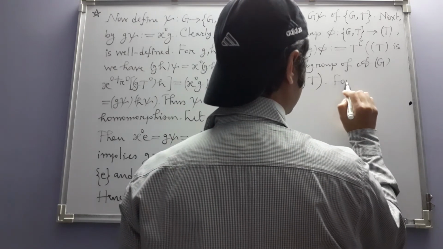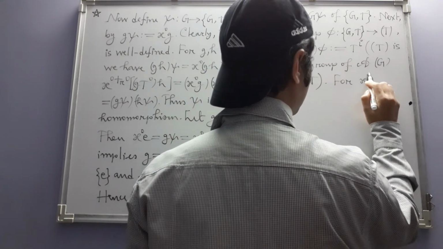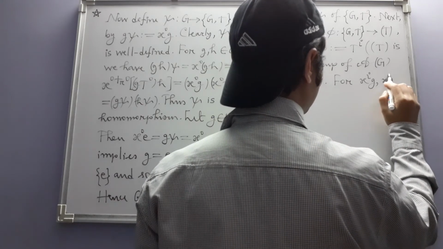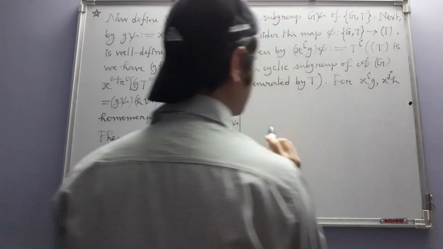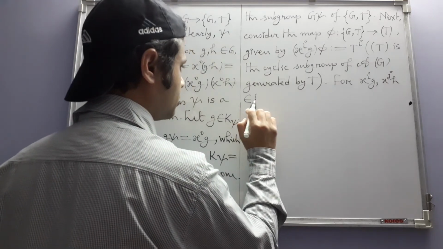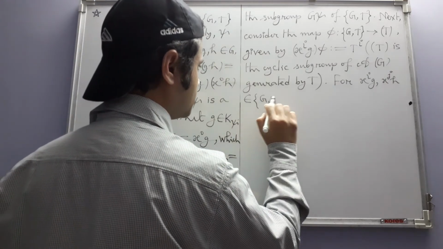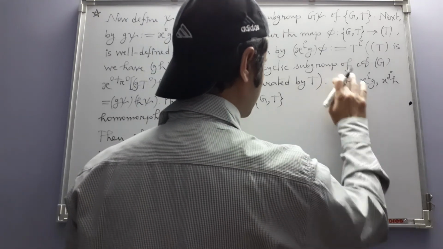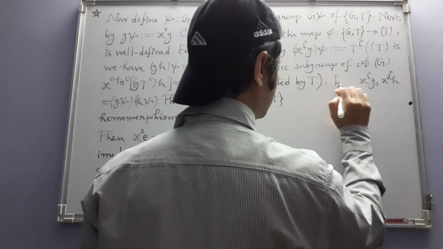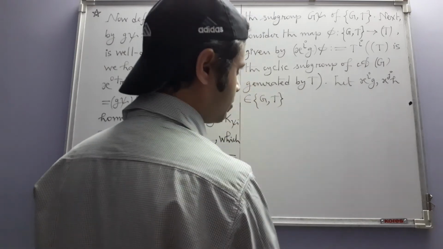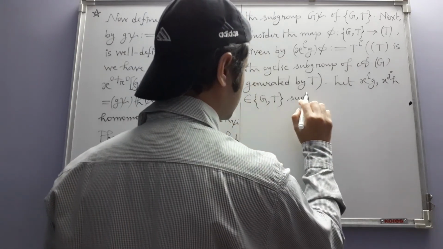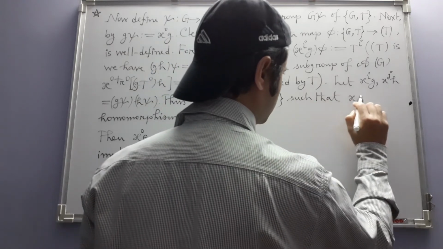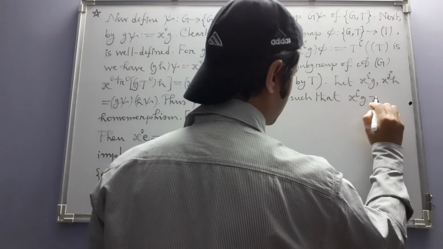Let x to the power ig and x to the power jh be two elements in our domain group such that they are equal.